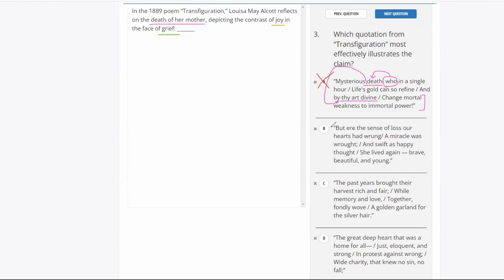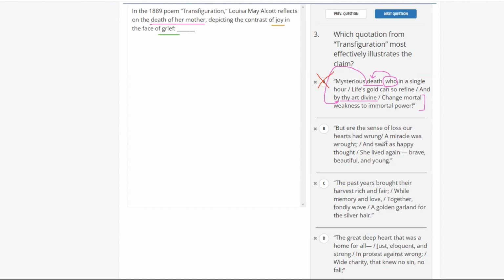Choice B. But ere the sense of loss our hearts had wrung, a miracle was wrought, and swift as happy thought, she lived again, brave, beautiful, and young.